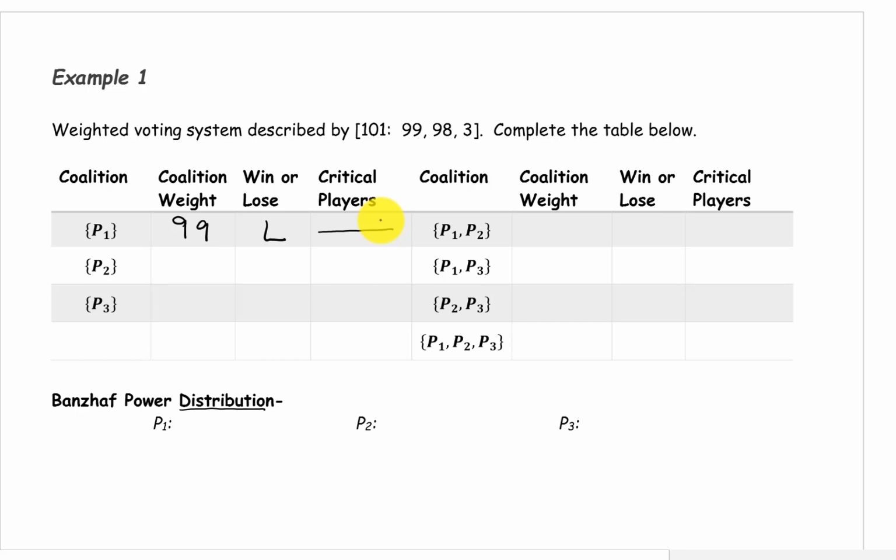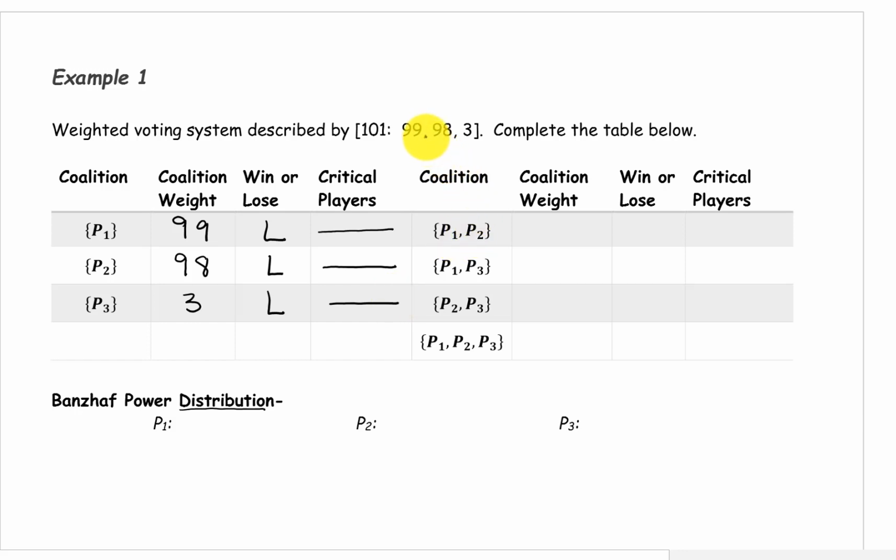So if the coalition starts out as a losing coalition, we don't need to worry about who the critical player is. Player 2 alone has a weight of 98. That's a losing coalition, and so again we don't need to worry about who the critical player is. Player 3 alone has a weight of 3. That's a losing coalition, and so again, no need to worry about a critical player there.